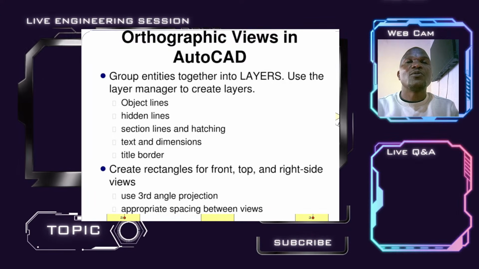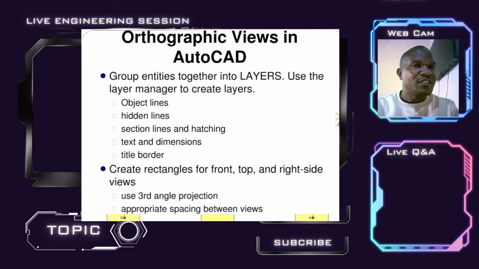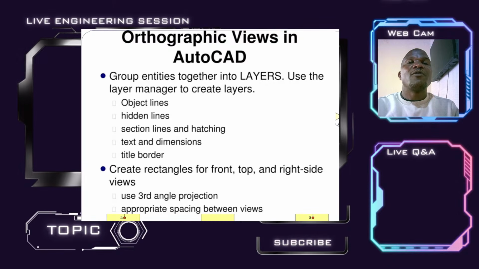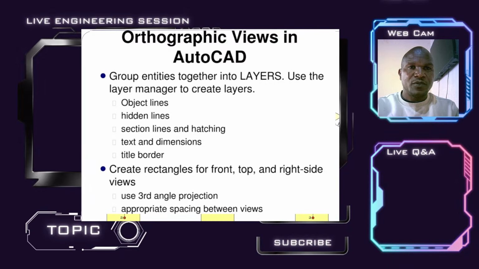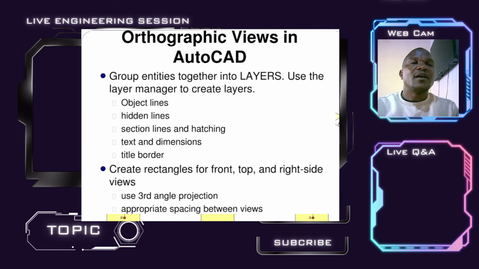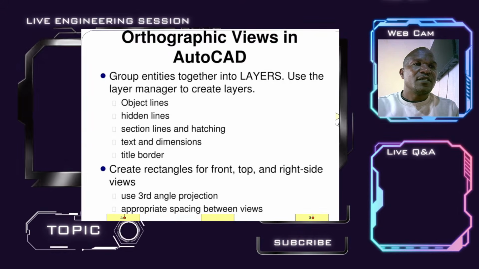So later, we'll do orthographic projection of points, lines, and surfaces. It's very important for us to understand the true length, and how we can define that in our actual practical lessons. That will help us understand so many things. So later in our study, we will do that.